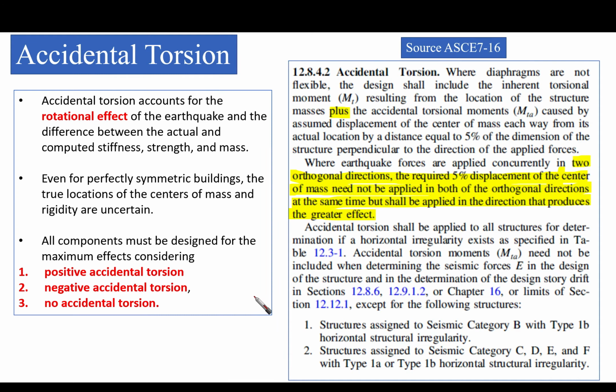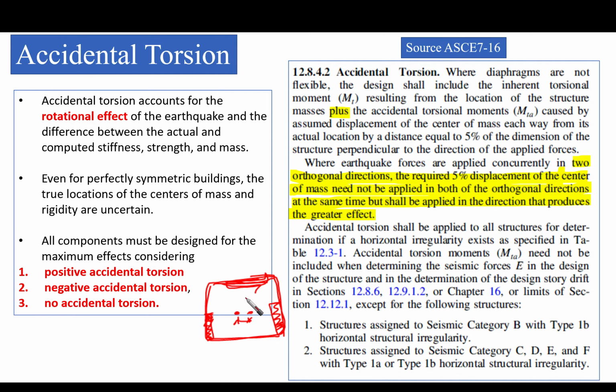And if we have a plan like this, with distributed different resisting elements, as we can see here, if there is inherent torsion, we need to add some accidental torsion. If we have the center of mass and center of rigidity with eccentricity, inherent eccentricity, inherent torsion is there. They are not coinciding on one another.